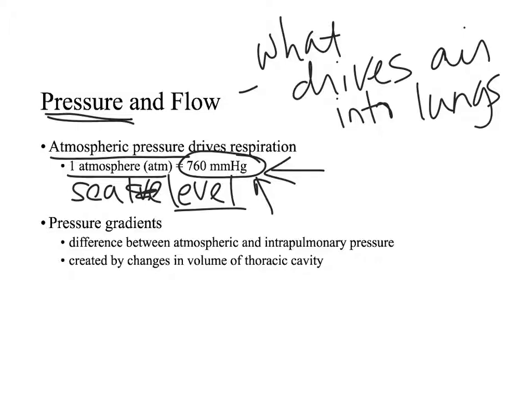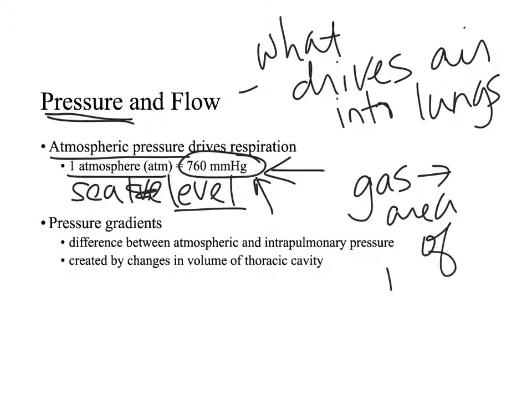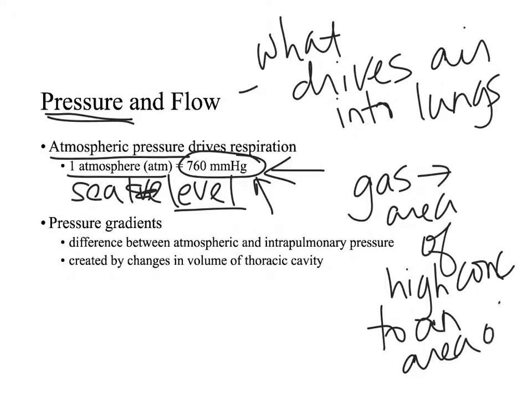And gases, just like liquids, are always going to move from an area of high concentration to an area of low concentration. So it makes sense, right? They're going to move just like a liquid would. Now there are going to be pressure gradients, so differences between what's in the atmosphere and what's in the lungs.